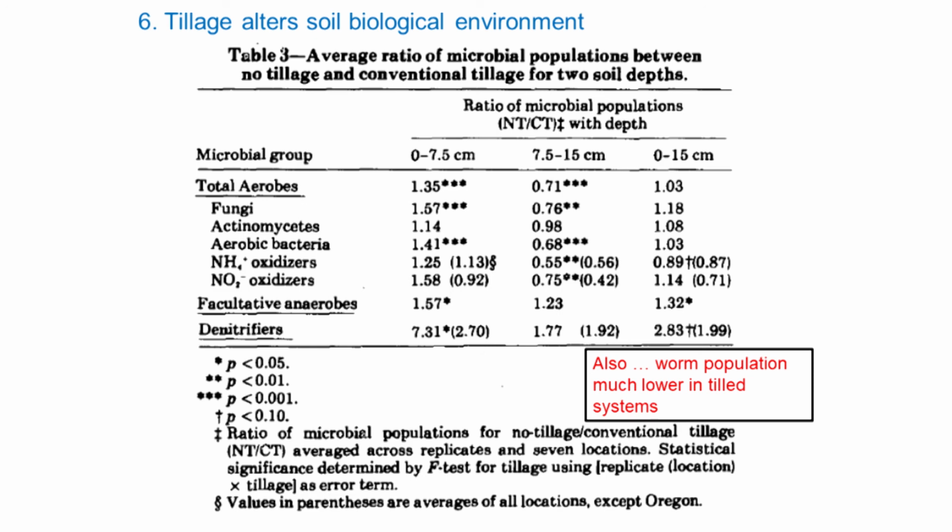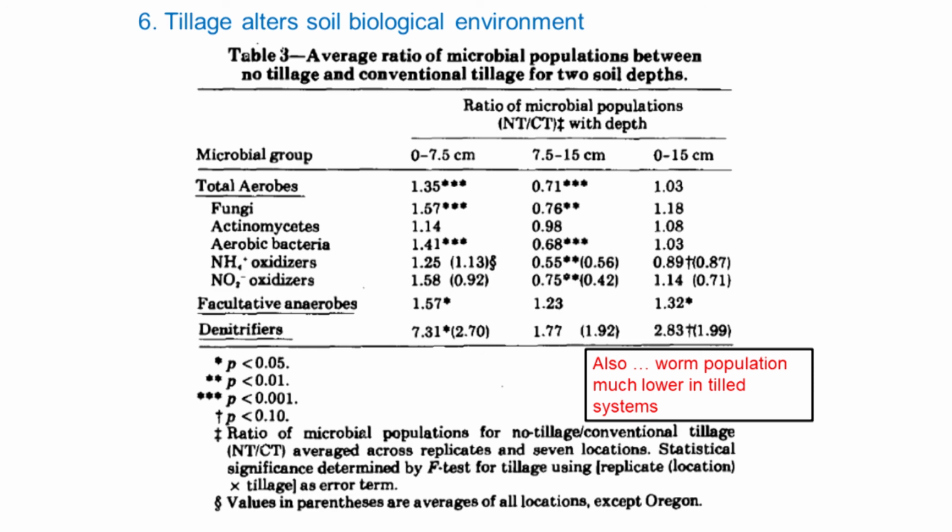If you look at NH4 oxidizers, that aerobic group, in the 0 to 15 centimeters, that's 0.89. And so that means that no-till only has 89% of the NH4 oxidizers that conventional till has.